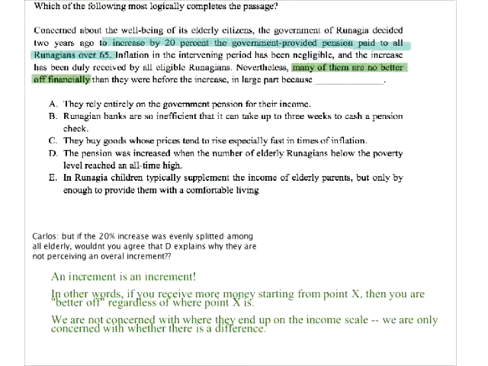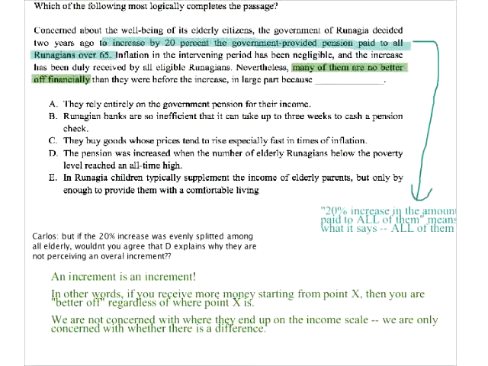The default interpretation of this statement is that it's a 20% increase to everybody. It might be that there's some kind of language barrier or something, but it says increase of 20% in the amount paid to all of them, which means what it literally says: all of them experience the increase.